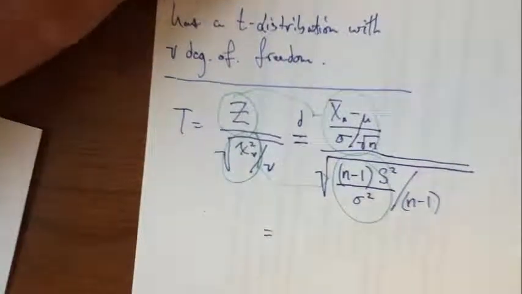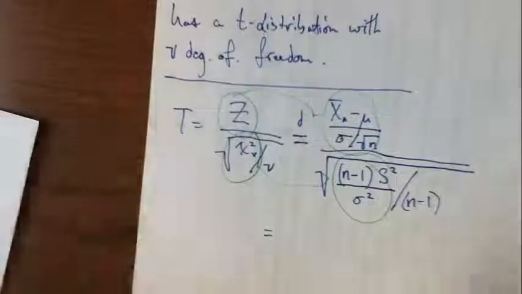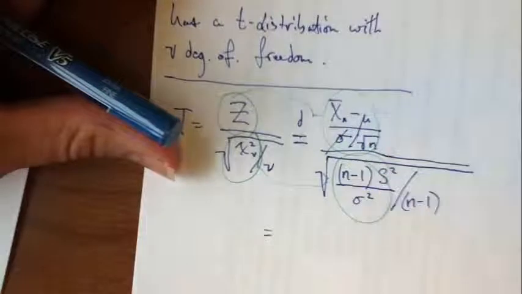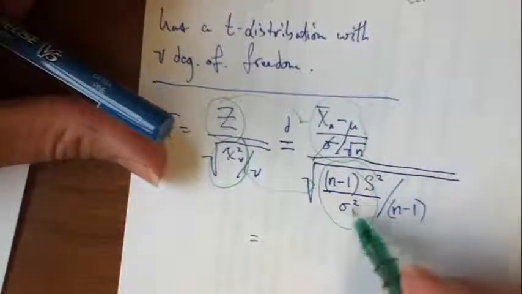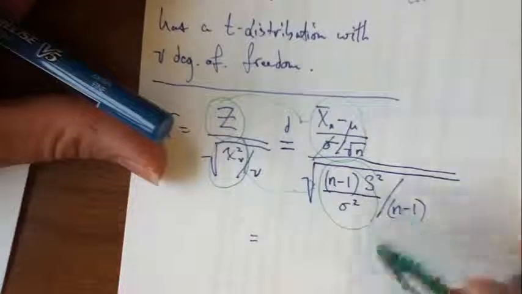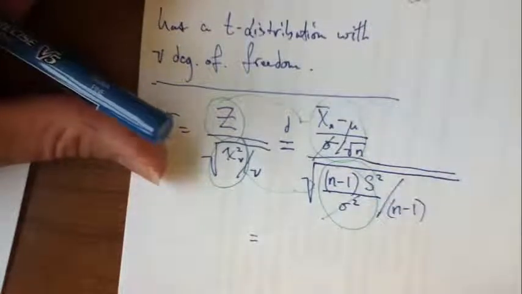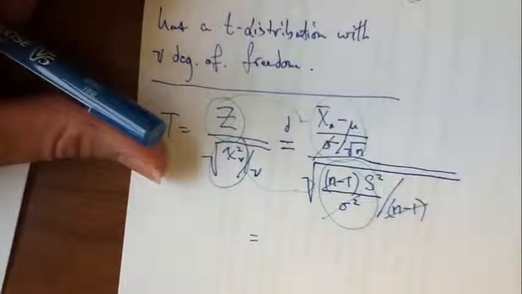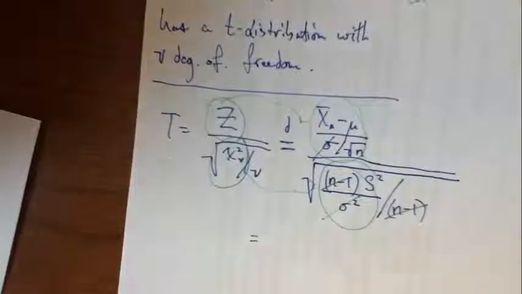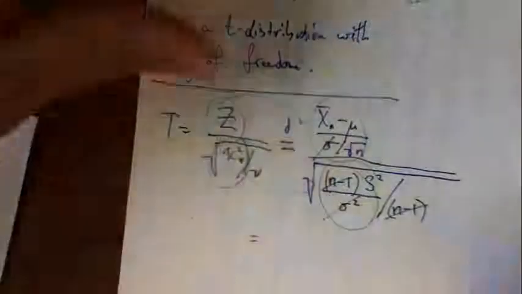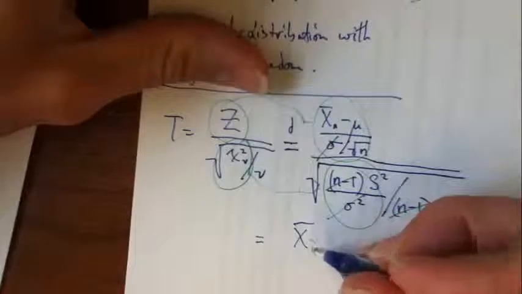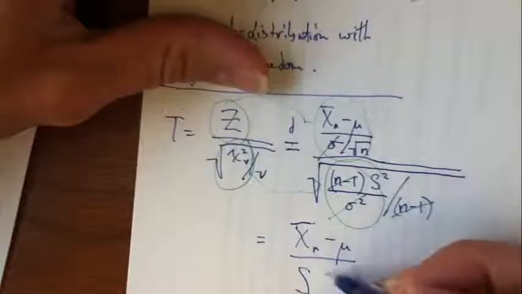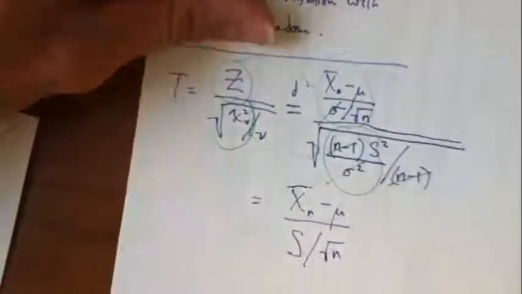First of all, sigma is effectively in the denominator, and there is also a sigma in the numerator because I'm taking the square root of sigma squared, so those are going to cancel. Also, the n minus 1 terms will cancel underneath the radical sign, provided n is not equal to 1 exactly. And then what am I left with? X bar n minus mu over sample standard deviation over root n.